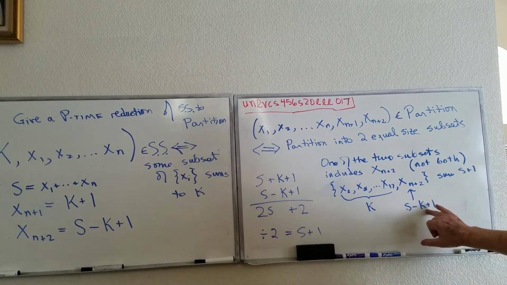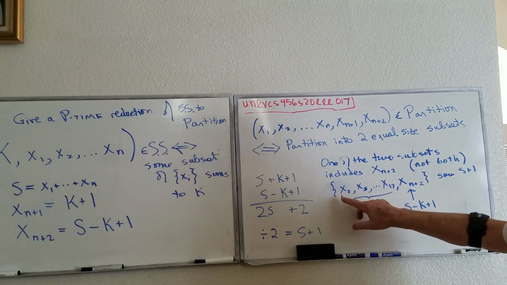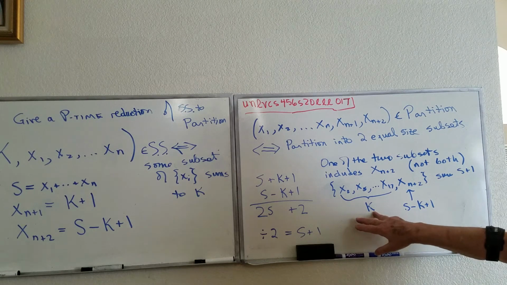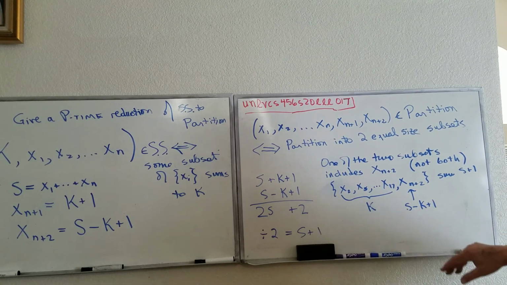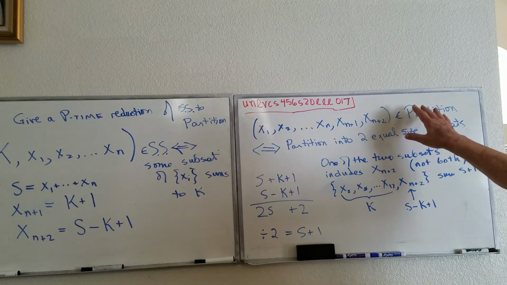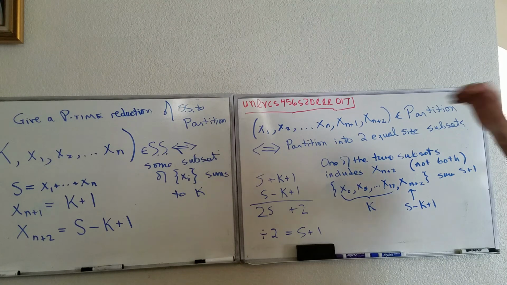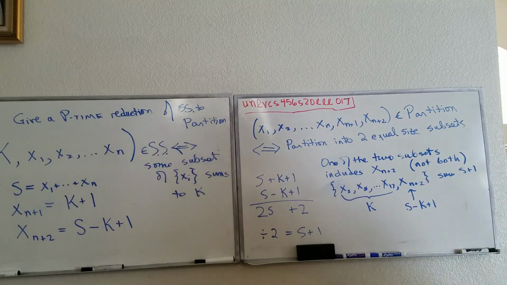This has weight s minus k plus 1, which means that the objects of the original set have total weight k, because the half must be s plus 1. That way, this instance being in the partition language implies that the original list is in the subset sum problem.